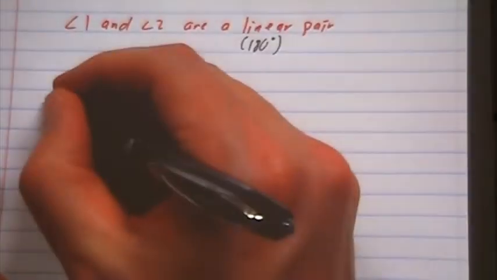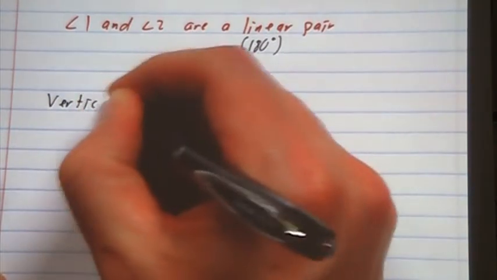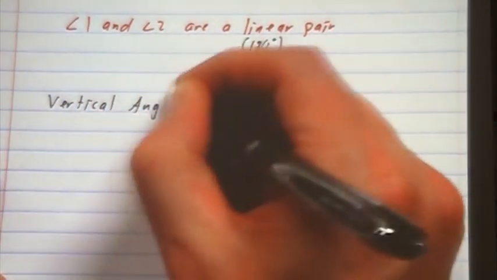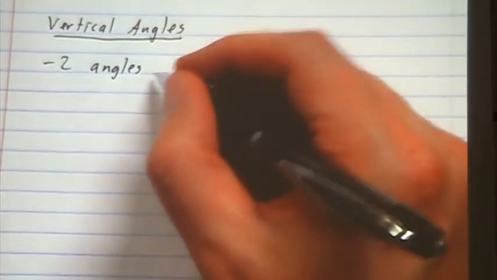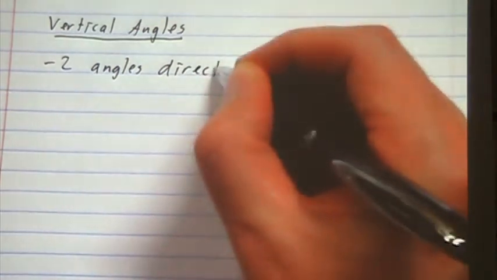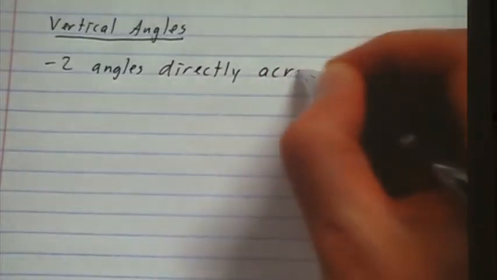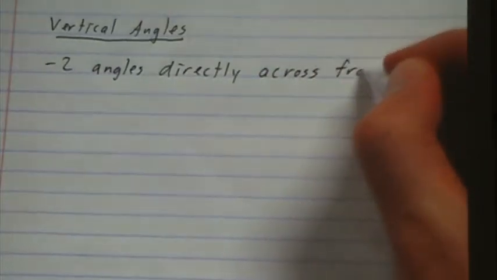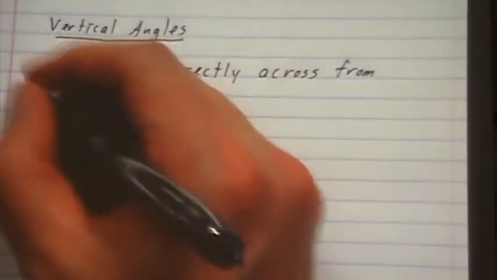Last but not least, and definitely going to be the relationship you use most, vertical angles. So with vertical angles, these are 2 angles directly across from each other.